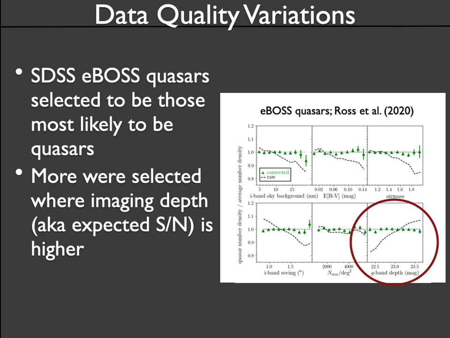So where the data is deeper, in this case, we observe more quasars. So we're looking at the relative density of quasars here against the g-band depth. We could have looked at any of the bands used in SDSS, and you see there's a strong trend. And we correct these trends in the data, and that's what the green points show. But clearly a fairly large correction was needed.